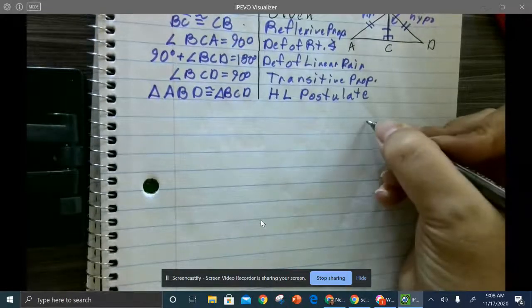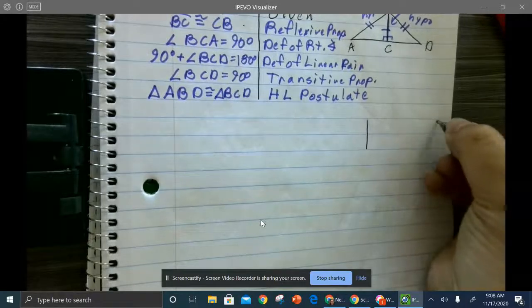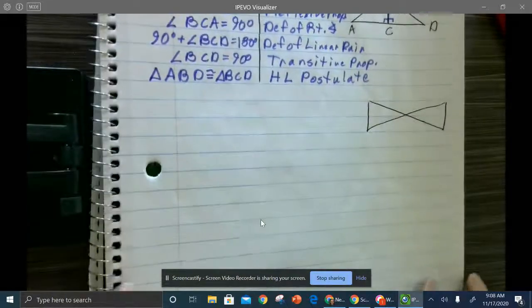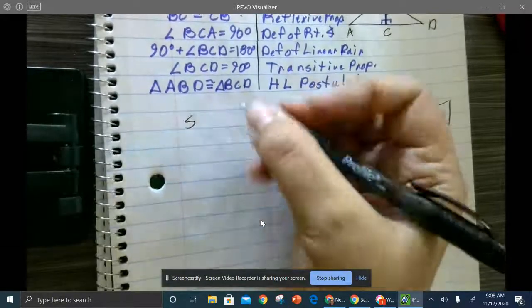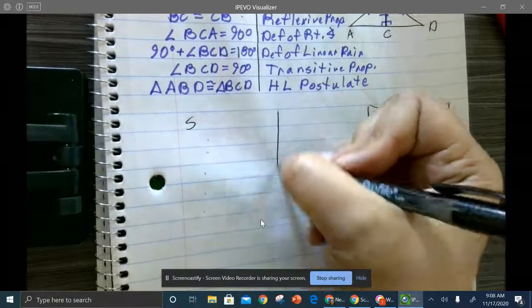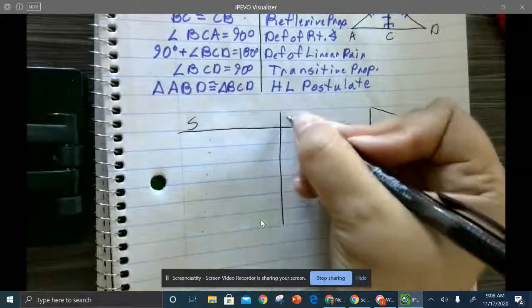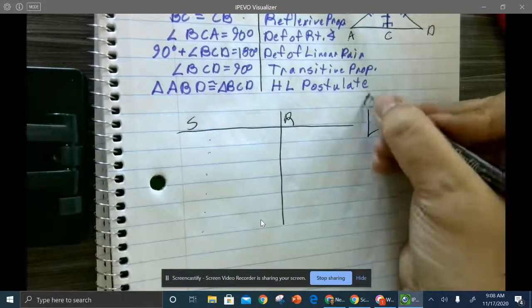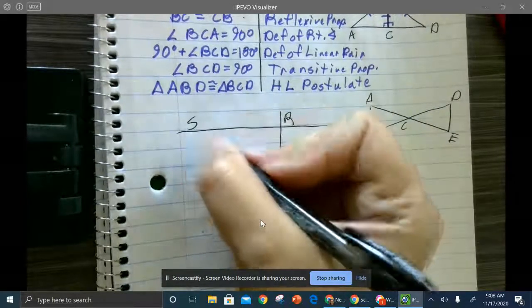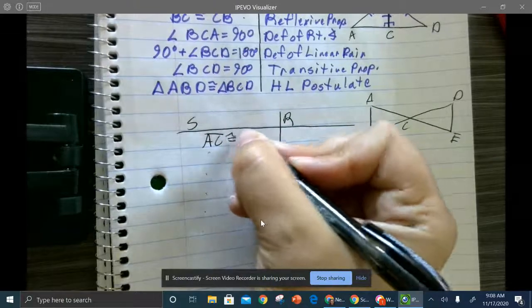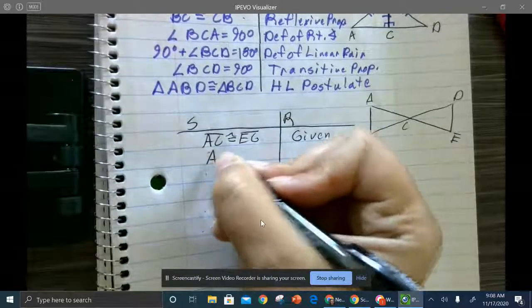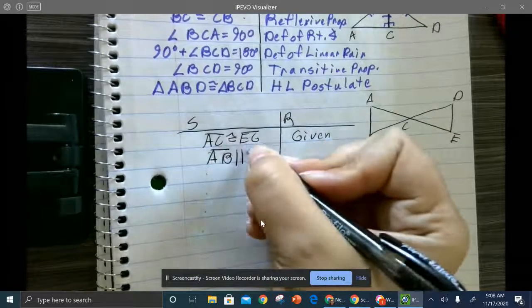Okay, one more with our bow ties. Okay, so with this one, everybody. Okay, so A, B, C, D, E. Okay, so we are given that AC is congruent to EC. That's our given. We are also given that AB is parallel to ED.